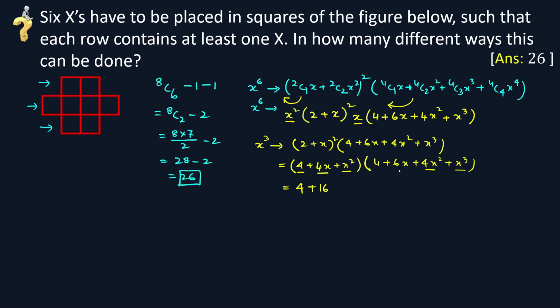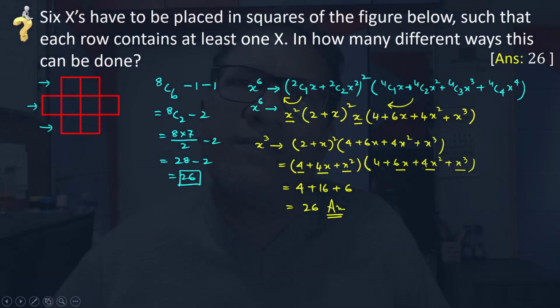At the same time, when this is multiplied with this, we are getting the coefficient as 6, right? So the coefficient of x cubed will be 26, and that's your answer. Is it clear? So we have done this problem without using the multinomial theorem as well as using the multinomial theorem.